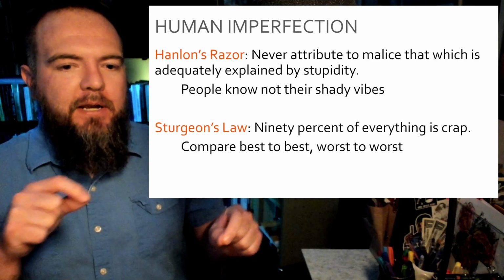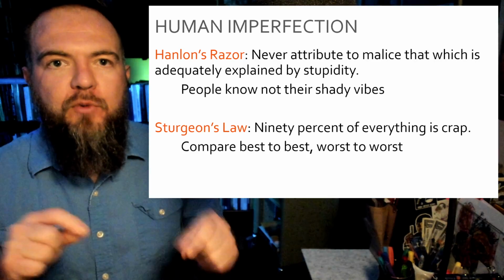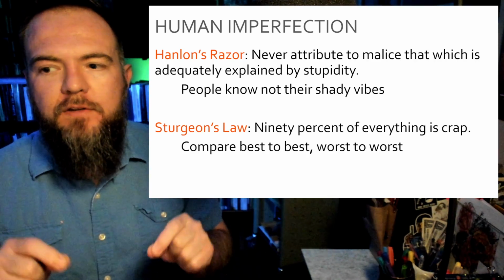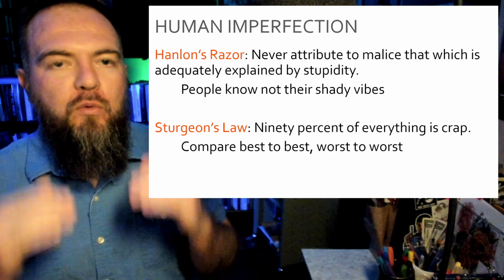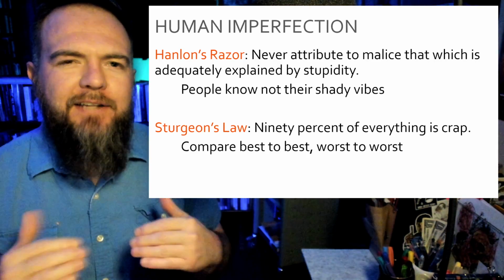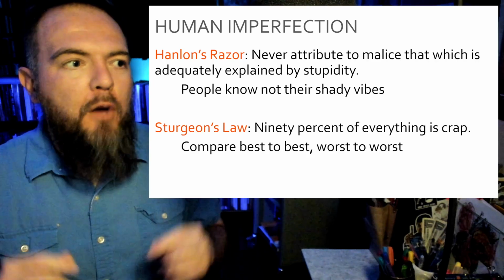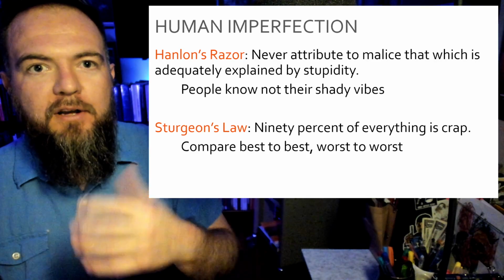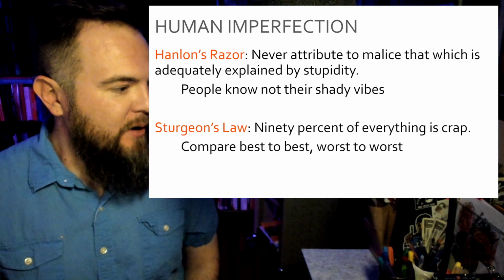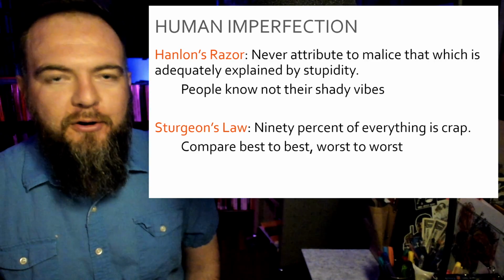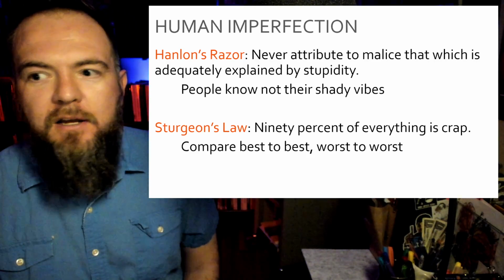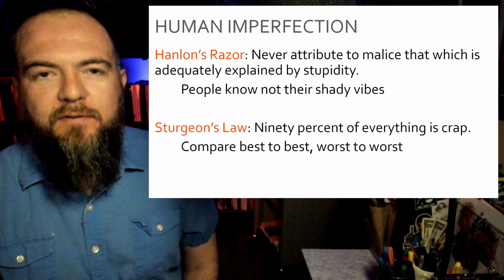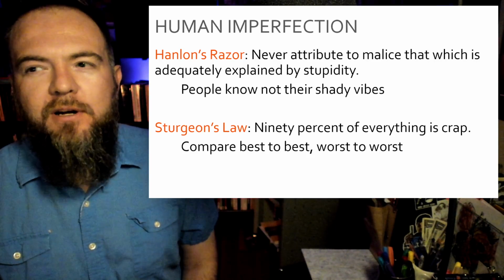Or if we're comparing examples between two rival theories or two cases, we should compare the best to the best and the worst to the worst. It's not that you can't talk about the bad stuff, you totally can, but you don't want to compare the worst of one case to the best of another. You don't want to compare, I don't know, a Dollar General cola to, I don't know, some sort of boutique Italian soda.